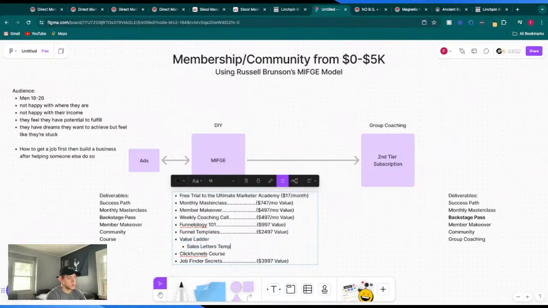So templates, I can write these out for sure and give them out. Value ladder training. This is very, very simple. That's kind of included in the funnelology, but let's go $297 value.